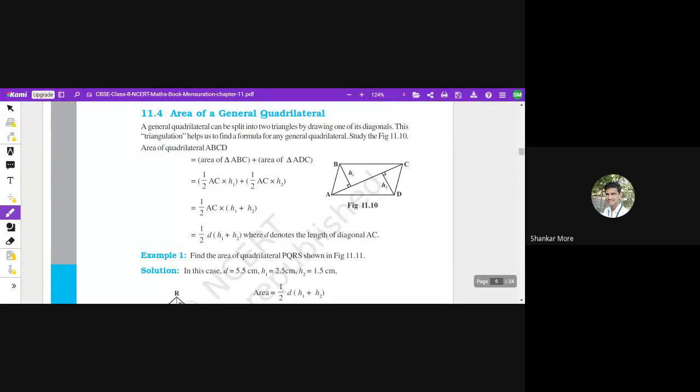A square, a is the side, so a squared. So that's it. Now suppose we have a quadrilateral which is neither a rectangle nor a square. In that case also we should be able to find its area. So we are trying a generalized formula. Let's see how we can derive that.